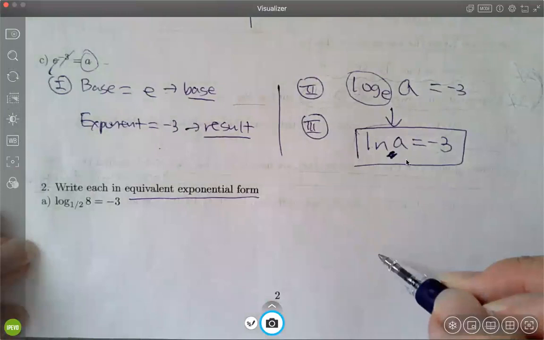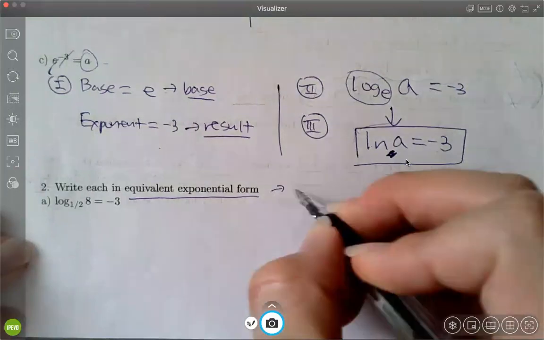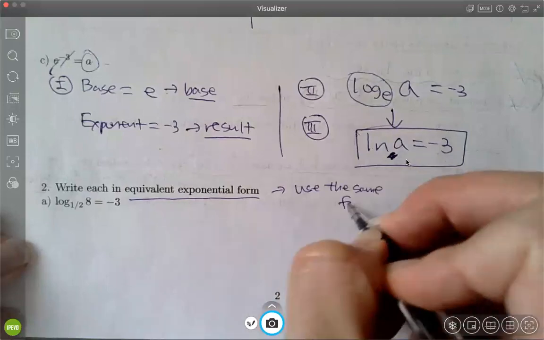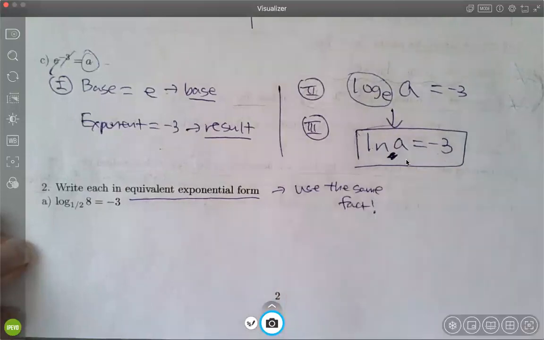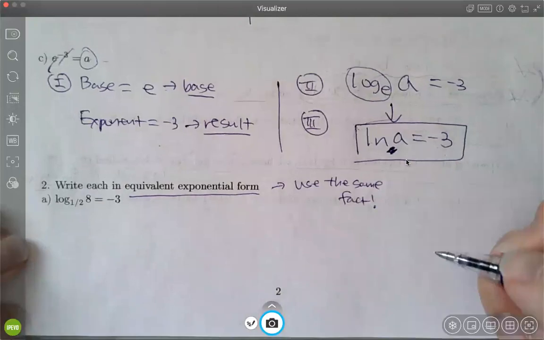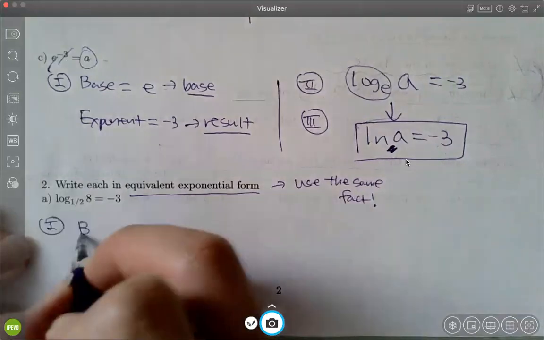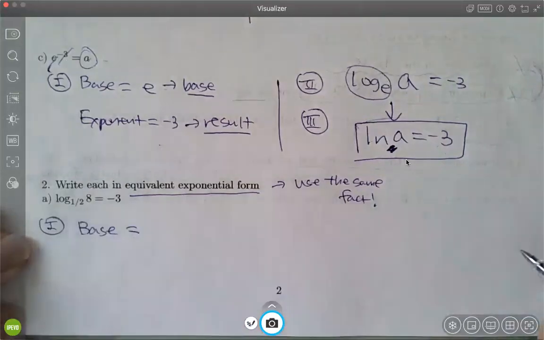And how do we do this problem? Do the same thing, use the same fact. But of course, we will apply it in a slightly different way. Well, first, what is the base of this logarithmic form?